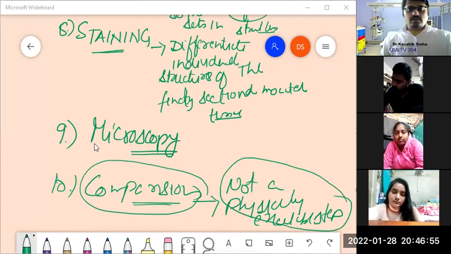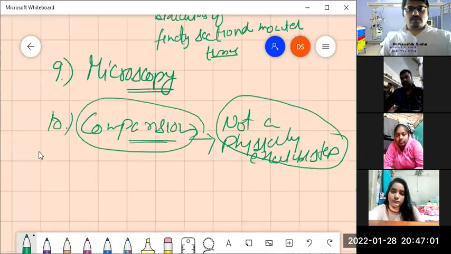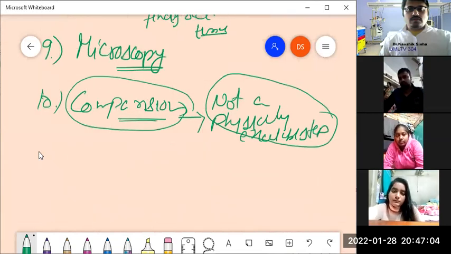Are you now understanding? That means, as a histopathologist, you must have a very clear concept of the morphological appearance of normal tissues. That concept should be there inside the mind of a histopathologist.